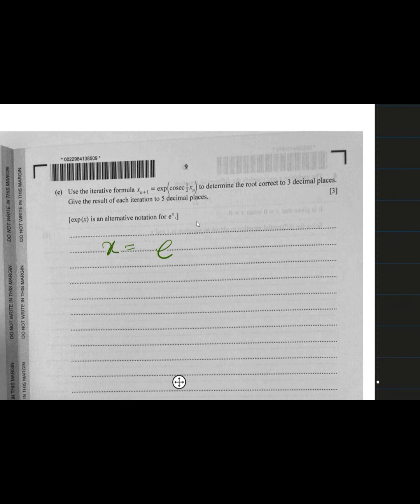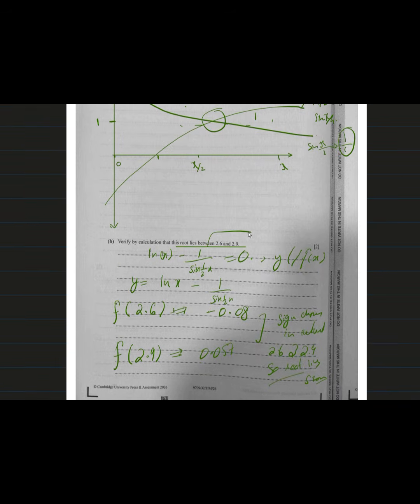First we'll rewrite the formula: x equals e power cosecant of half x. We can rewrite this as 1 over sine of half x, since the calculator doesn't accept cosecant. For the first iteration, we calculate the midpoint of 2.6 and 2.9. So x1 will be equal to 2.6 plus 2.9 divided by 2, and x1 will be equal to 2.75.